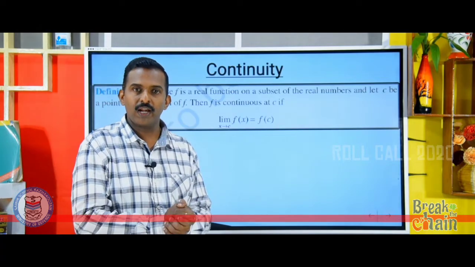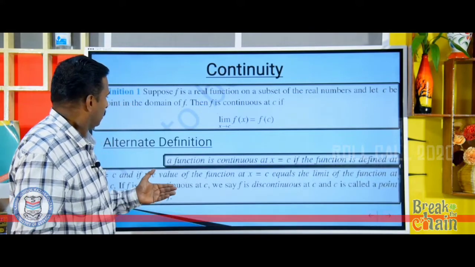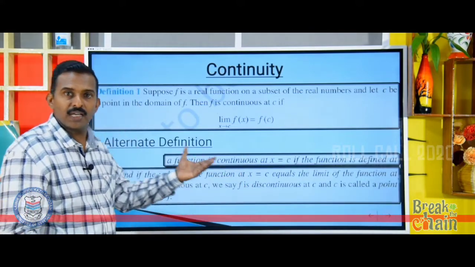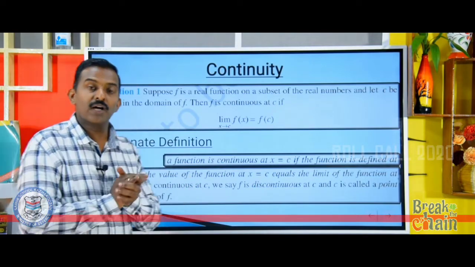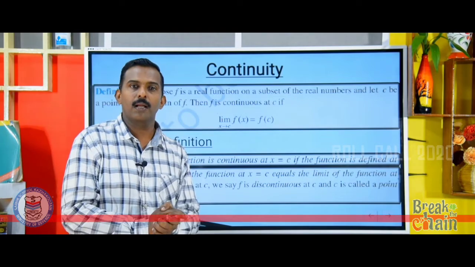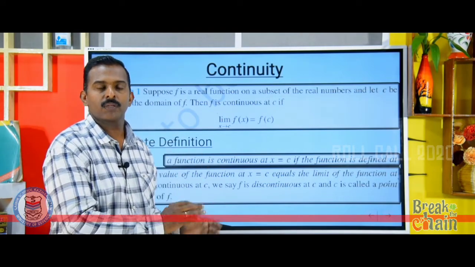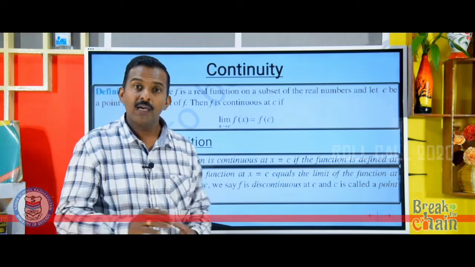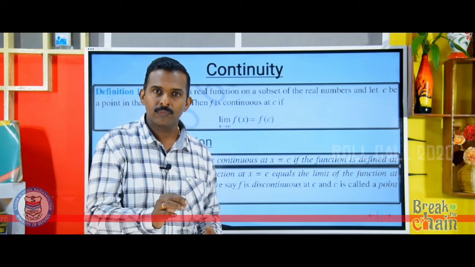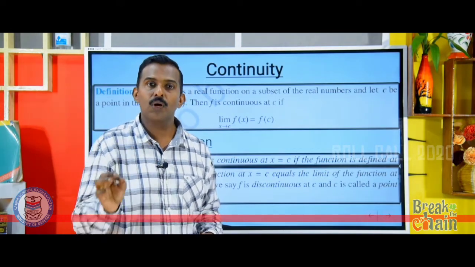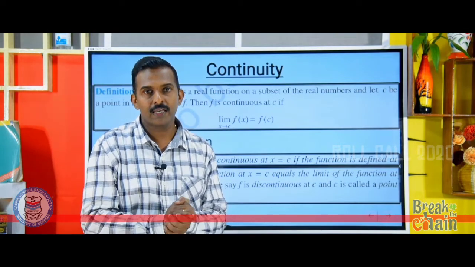Therefore, the definition finally concludes as, if the limit value of the function is not equal to the function value at a point c, the function will not be continuous at that particular point, and that point will be called a point of discontinuity. Therefore, if you want to check whether a function is continuous at a point or not, you should calculate the limit value, and the limit value should be equal to the function value. Then the function will be continuous at the point x equal to c.